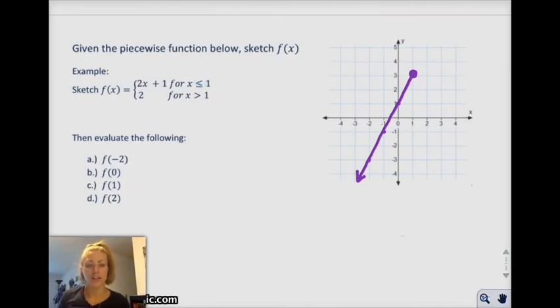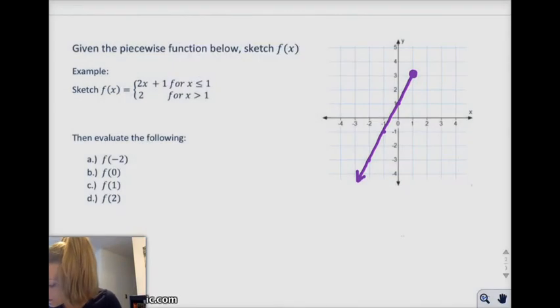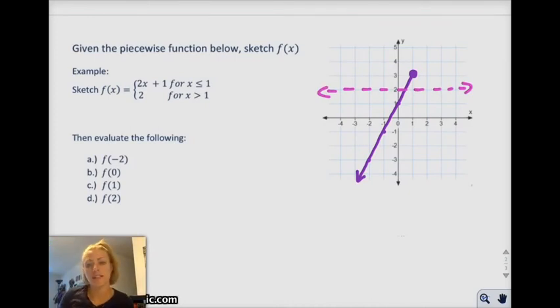Then the other function is y equals 2. I'm going to do this in a different color. It just goes through y equals 2, right? So it just looks like that. However, it only exists when x is larger than 1.